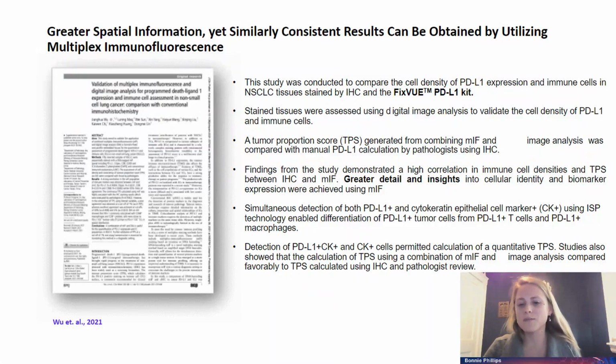And in this paper, there were 50 resected non-small cell lung cancer tissue sections, 50 non-small cell lung cancer patients that were stained with both single as well as multiplex image analysis. So here we then quantified cell density of PD-L1 expression on cells, as well as the consistency of the tumor proportion score. And this was compared by these values that were generated by pathologists.